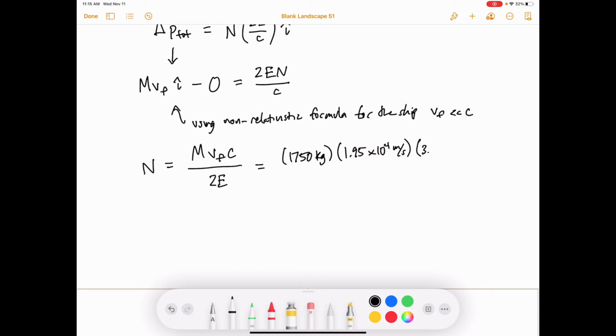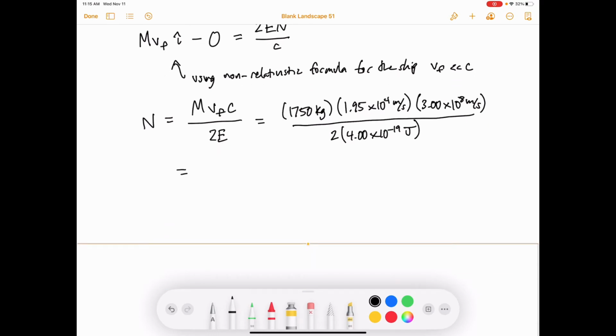And then C is 3.00 times 10 to the 8 meters per second, divided by 2 times the energy of each photon, which is 4 times 10 to the minus 19 joules. Okay. So this works out to 1.279 with 3 sig figs times 10 to the 34. And it's actually just a number. Okay, there's no units attached to it. It's just a number of photons. And if we round it to 3 sig figs, it's 1.28 times 10 to the 34 photons.